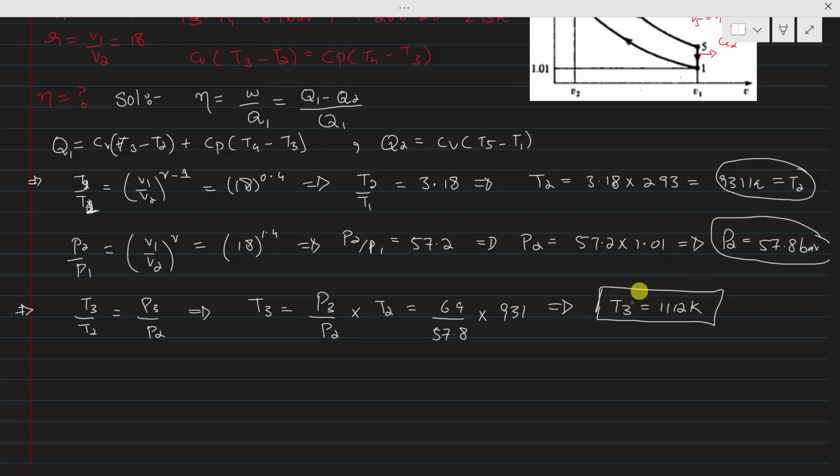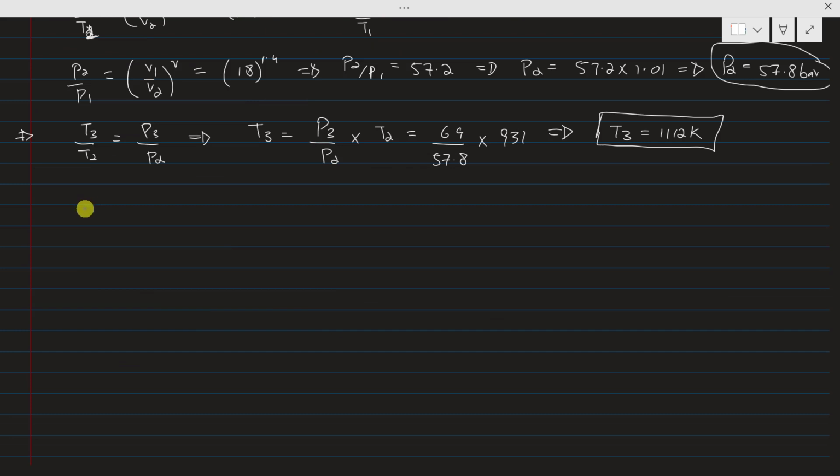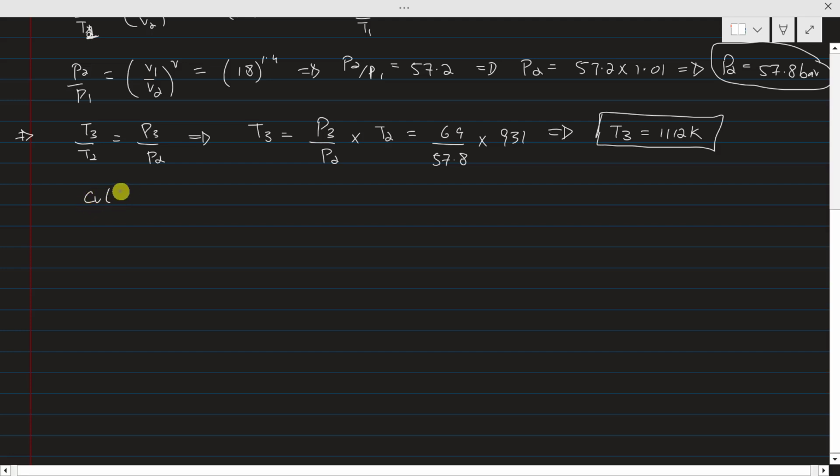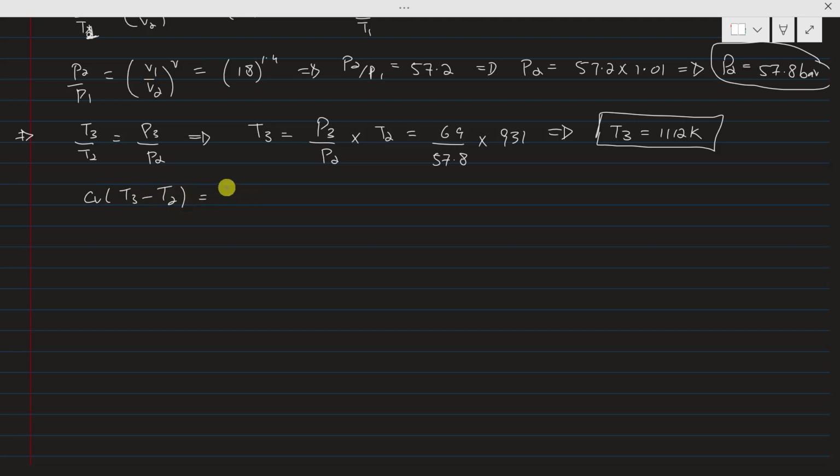So T2 is determined, T3 is now found, and T1 is given. And now to find the temperature T4, we have the condition that the heat supplied at constant volume, Cv(T3 minus T2), is equal to the heat supplied at constant pressure, that is Cp(T4 minus T3).